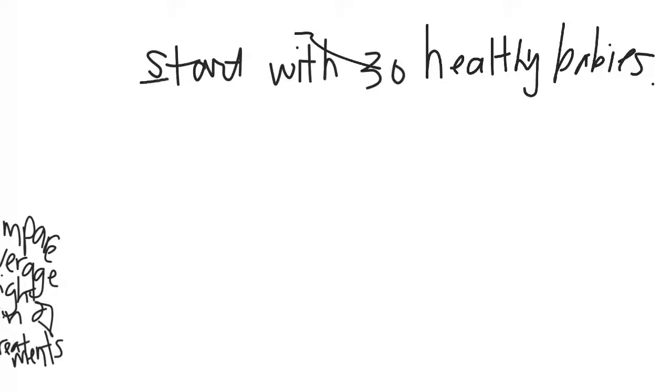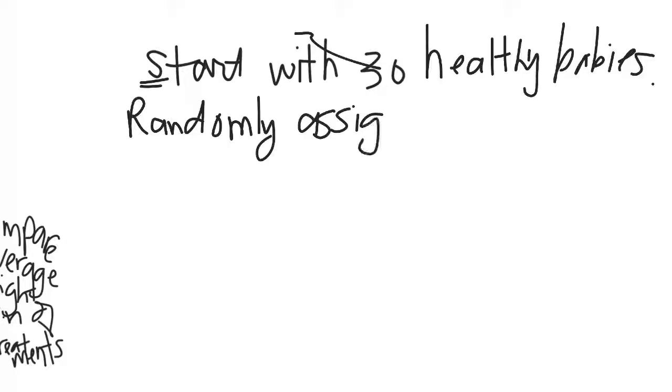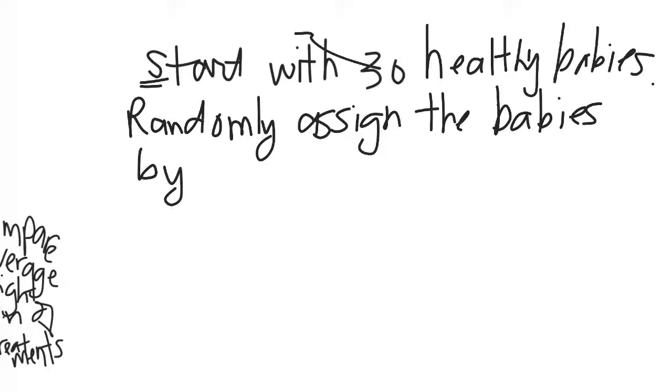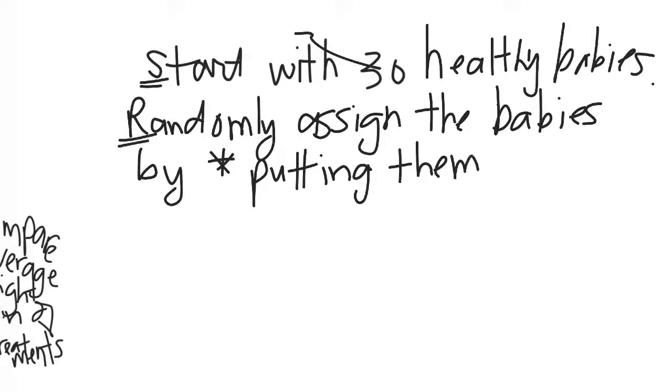So good. That was our first part. Then we say randomly assign the babies by, and here comes the asterisk. I'm going to put the asterisk sign here just so you know where we are in the song. Putting them in a bag, because you have to describe how you randomize.